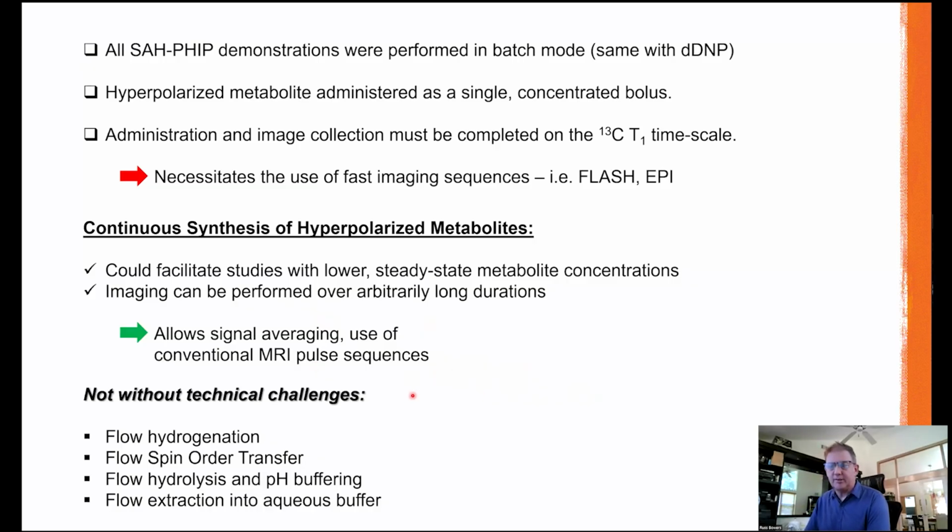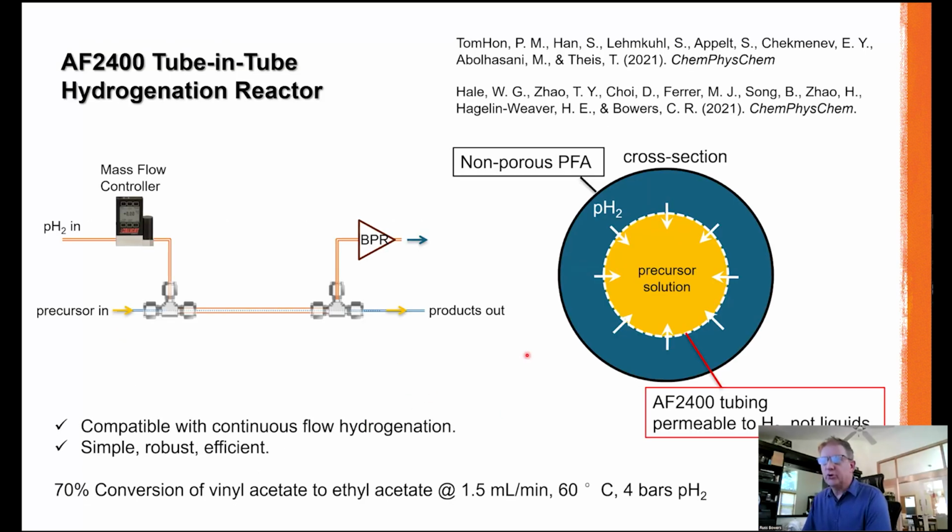All of these processes now need to be carried out in a manner that's compatible with the flowing liquid: hydrogenation, spin order transfer, hydrolysis, and pH buffering, and then finally the flow extraction into the aqueous buffer. Bubbling is a common method that has been used in many labs over the years.